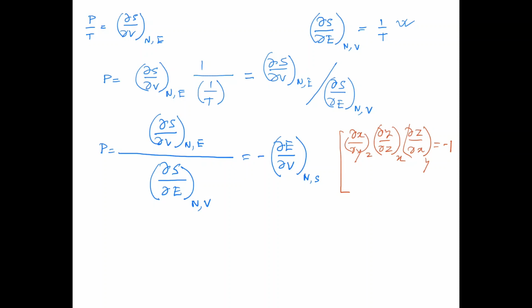So we have made use of that formula over here, and we obtain P equal to minus dou E by dou V at constant N and S. So let's write it over here. Dou E by dou V at constant N and S is equal to minus P.